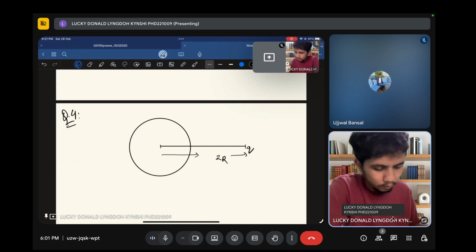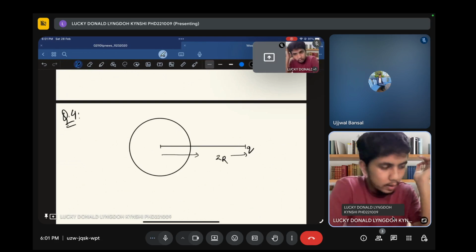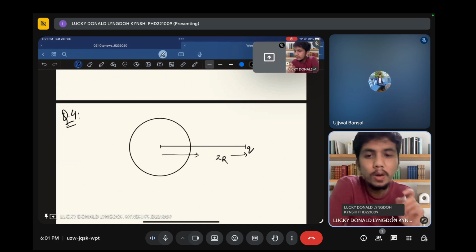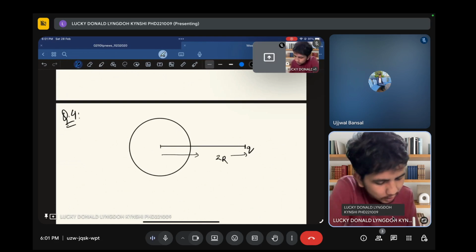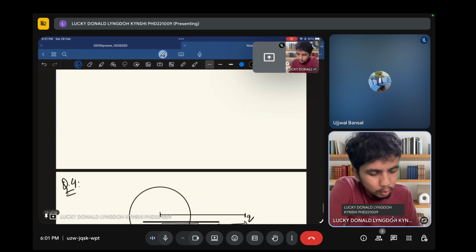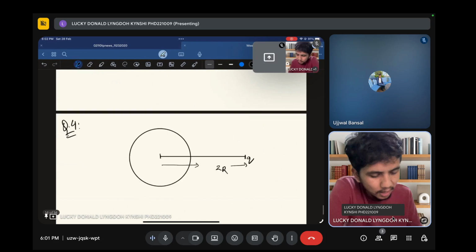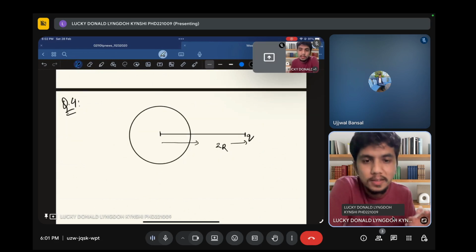Now the question is, first of all, find the magnitude and sign of the induced charge. As I've just mentioned, it's not simply plus q charge, but also the induced charges. So the question is asking what the induced charge is and what its sign is.